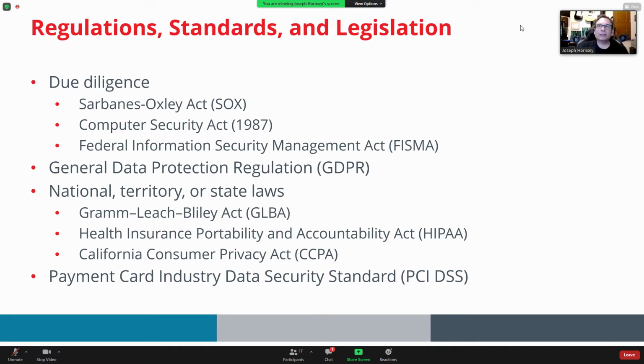Regulation, standards, and legislation. Depending upon the industry that you are in, you might have regulatory compliance requirements. And what I mean by that is there could be laws that govern how your company does business.